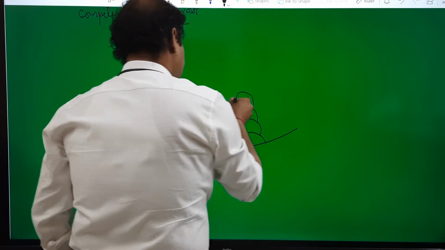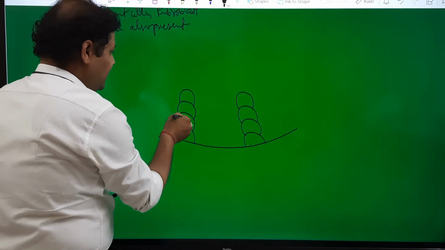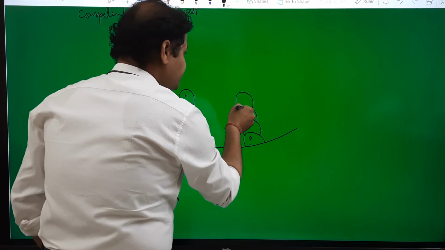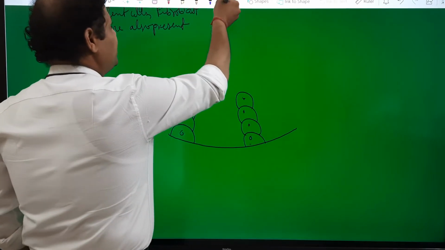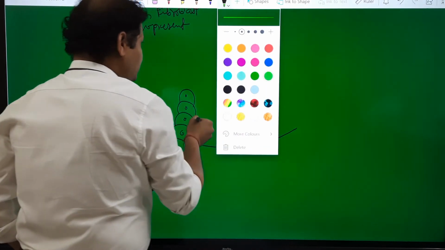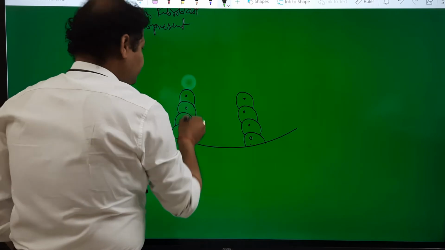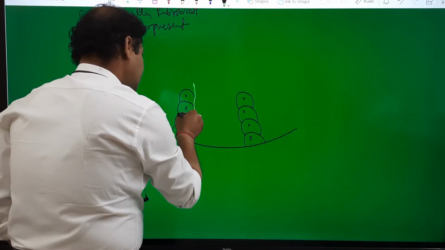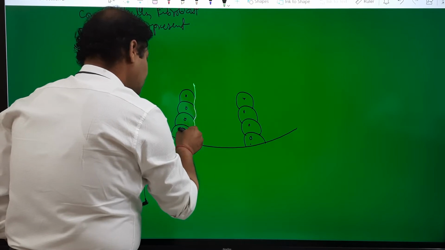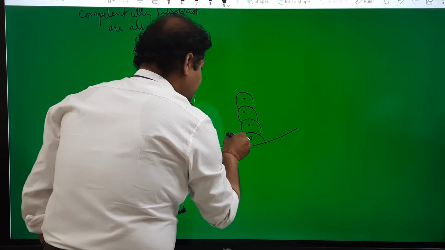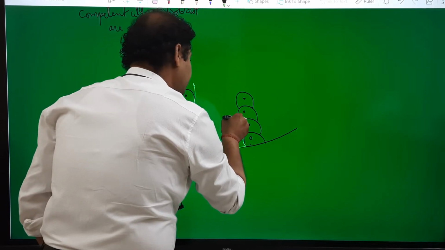They are spermatogenic cells. They give rise to sperms or spermatozoa. In between these spermatogenic cells, Sertoli cells are found.